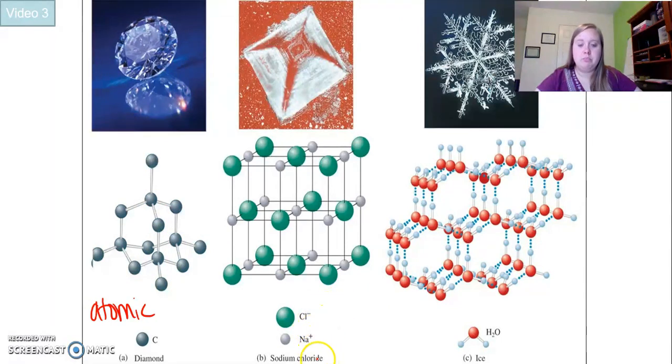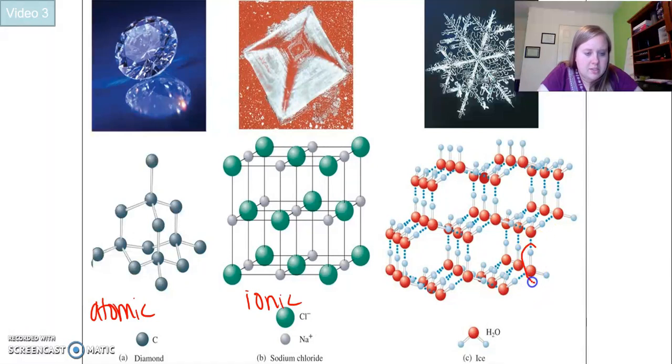The next one here in the middle, B, each one of these gray or white and green circles are different ions. So you have a chlorine ion, a sodium ion, a chlorine ion, sodium chloride. Each one of these lattice points are ions, making B, this middle picture, an ionic solid. And finally, this is what ice looks like. Let me find one that's a little easier to see.